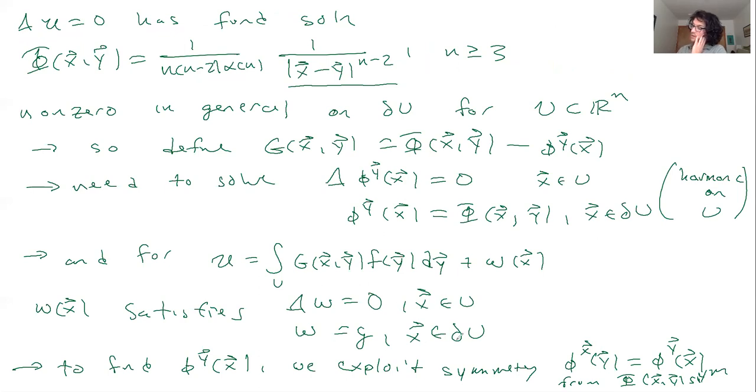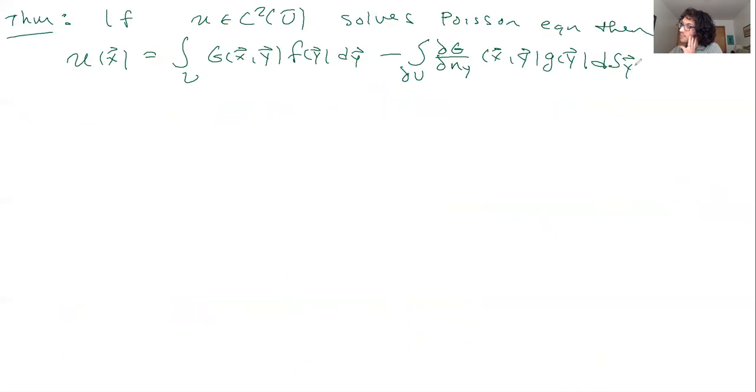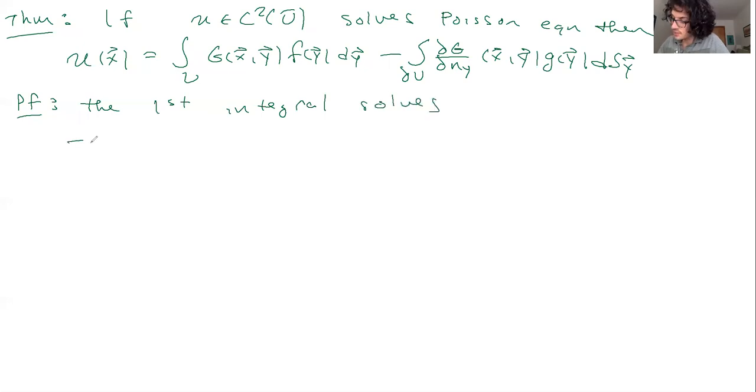But this correction term here, this w of x, it turns out that is also made up of the Green's function itself. It's a normal derivative of the Green's function around the boundary and integrated against the boundary term there. Okay. So to prove that this works, we can see that the first integral clearly solves the homogeneous boundary value problem, right?